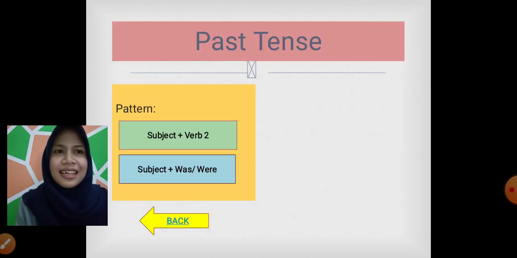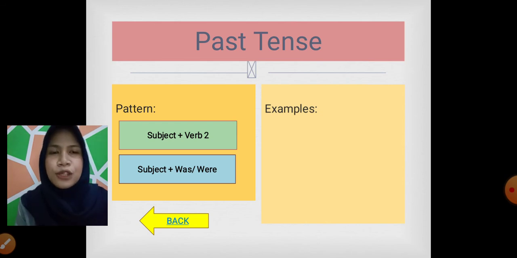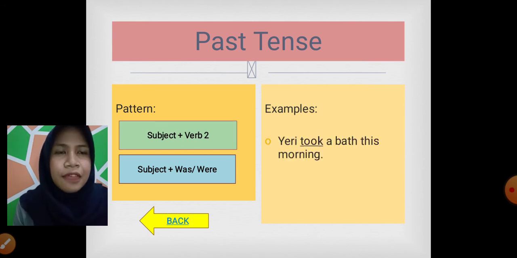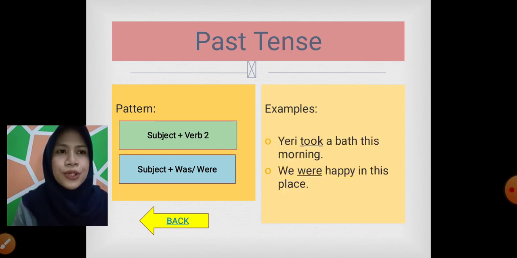Past tense. Okay, the pattern of past tense: first is subject plus verb two. If it doesn't have a verb, we can use subject plus to be. The to be that is used is was or were. The first example is Yeri took a bath this morning. Why use took? Because took is verb two, the verb one is take.